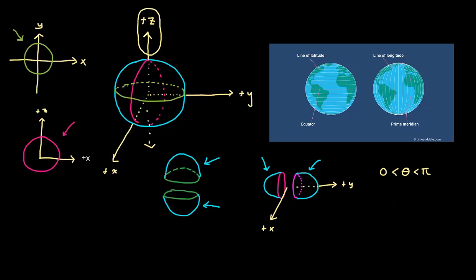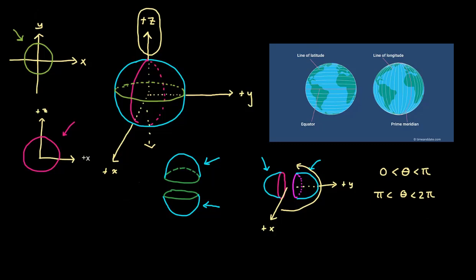And so when theta is between 0 and pi, that's going to make us belong to the right hemisphere. And similarly, if theta is between pi and 2 pi, we are going to be in the left hemisphere.